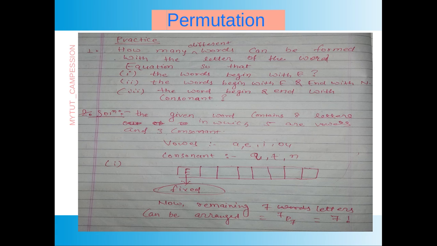Vowels are A, E, I, O, U, all vowels are here, and the consonants are Q, T, N. In the first question, we have the given letters of EQUATION. How many words can be formed when they begin with E?